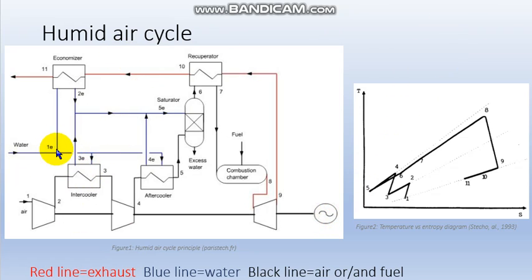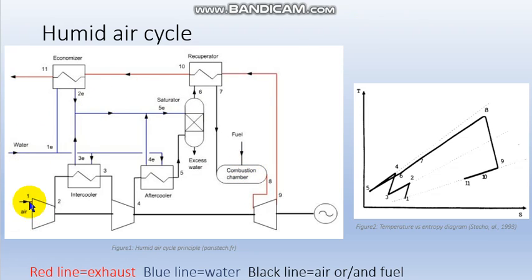For the water flow, it's going to be between 0.2 to 0.5 kg per second, and the fuel used in the combustion chamber is going to be methane with a heat value of 43.12 megajoule per kg.